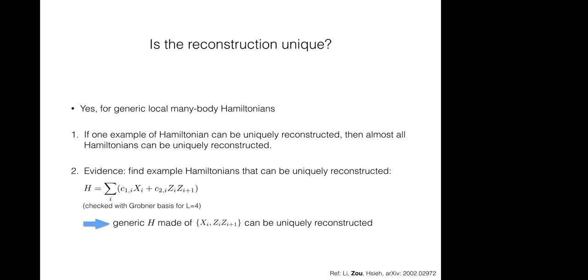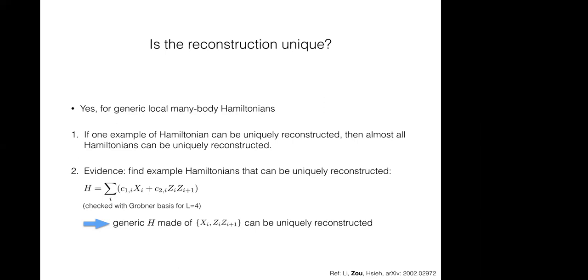The intuition behind this statement is the following. Because now we have a problem of determining the existence and the uniqueness of the solution of some equation, and the equation is a polynomial equation. It turns out such existence and uniqueness conditions can be expressed as a polynomial of the coefficients of the equations we have.